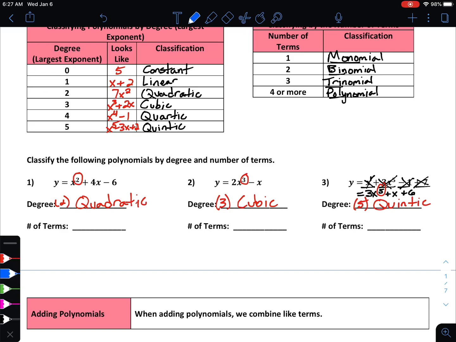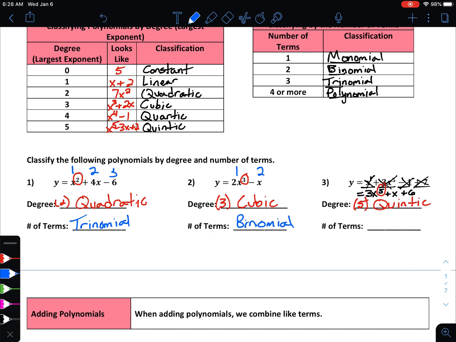All right, now let's go through and name each of these by their number of terms. On number 1, you have 1, 2, 3 terms. Looking at your chart on the right-hand side, that is called a trinomial. On number 2, you have 1, 2 terms. Using the chart on the right, that is a binomial.